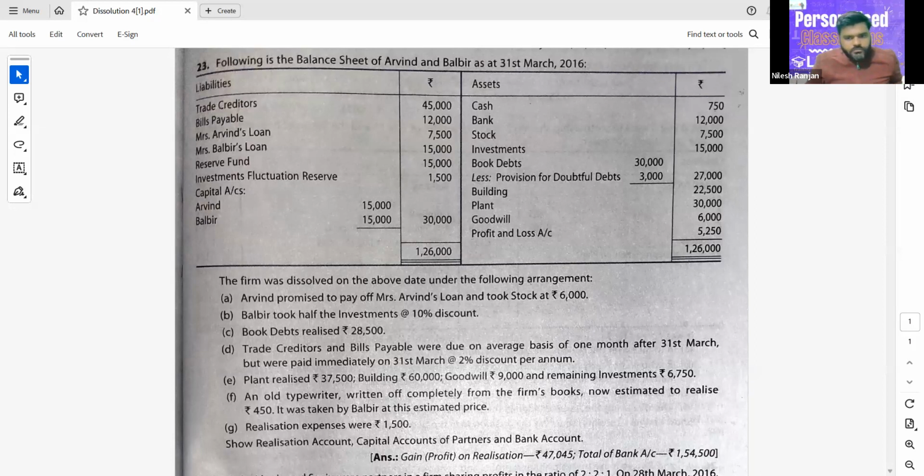I didn't calculate the total cash separately. You haven't calculated the total amount of all the assets; you have directly written it in the final column. Okay, no problem.